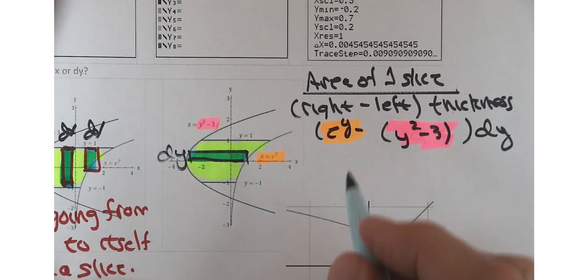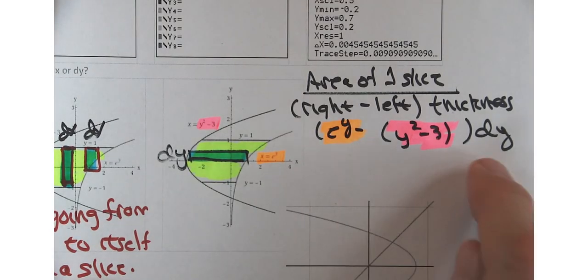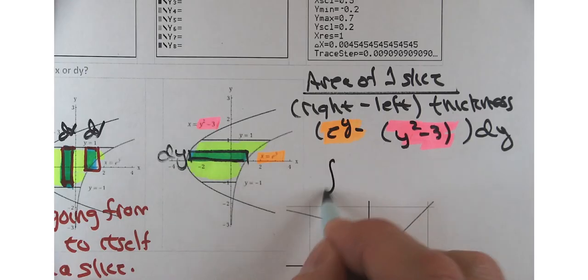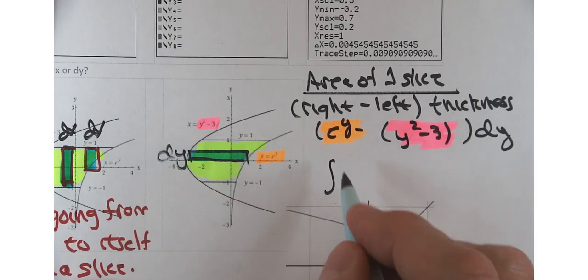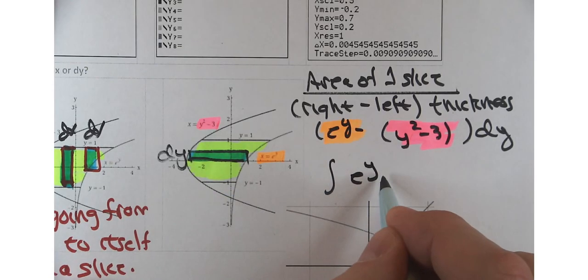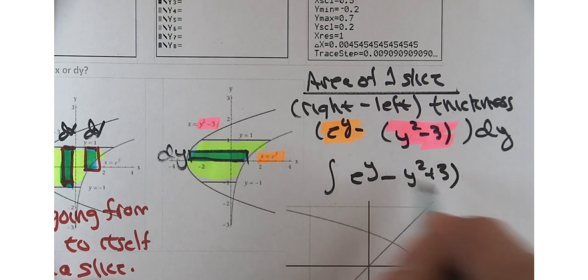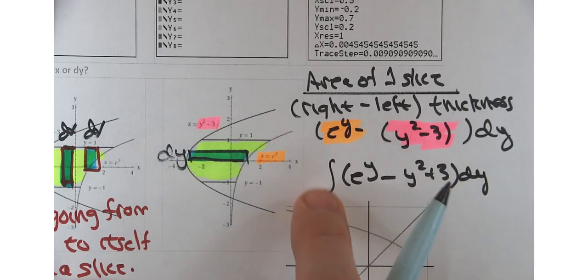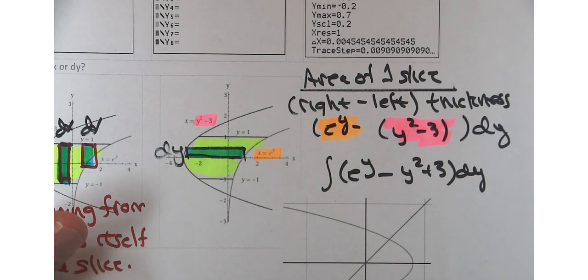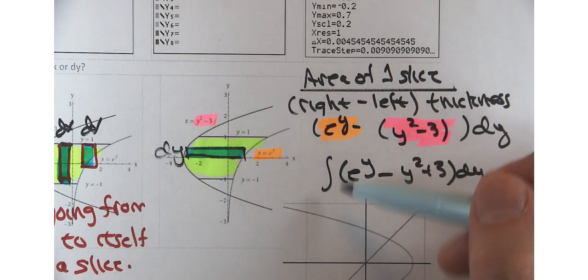So to finish that off, you would end up integrating from, say, something to something. We'll have to figure that out in a second. e to the y minus y squared plus 3 dy. And if you notice, I distributed that negative sign. What will the limits of integration be?